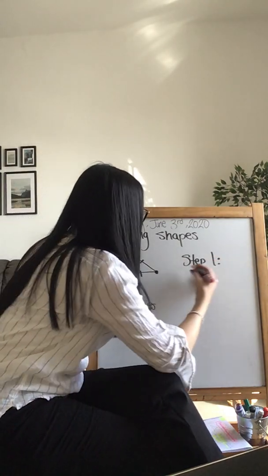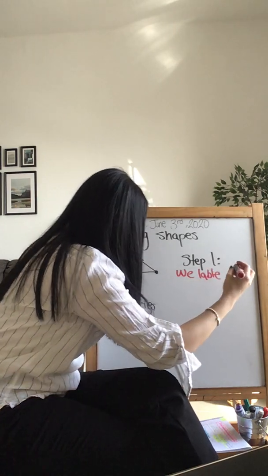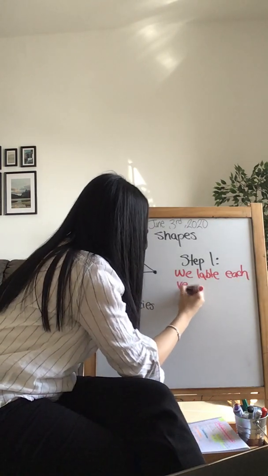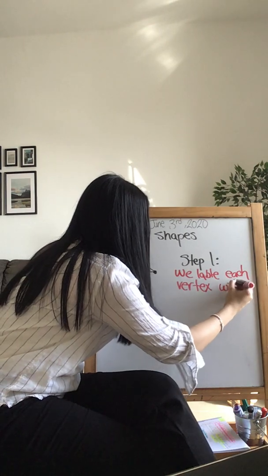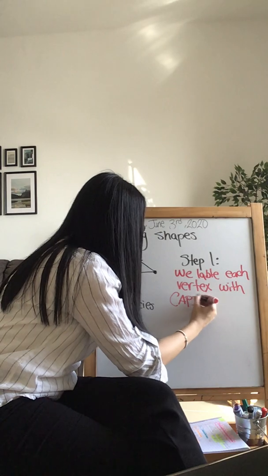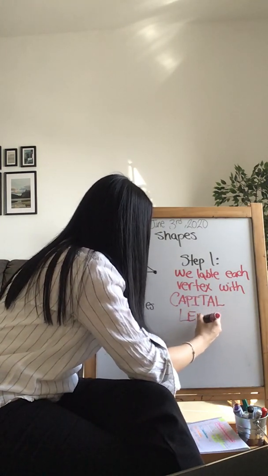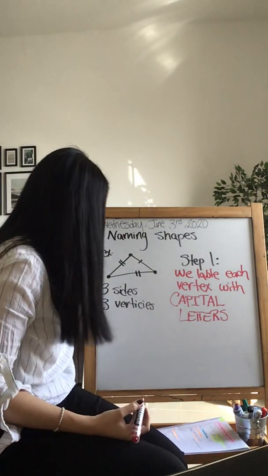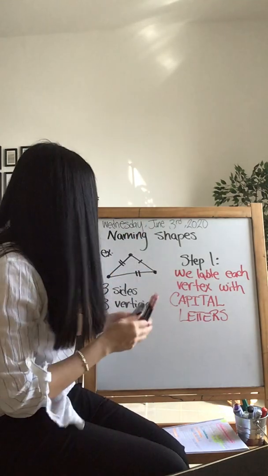So step 1 is we label each vertex with, and this is important, capital letters. That's step one. So I'm going to just choose the letters.